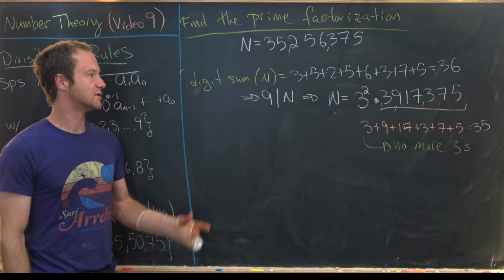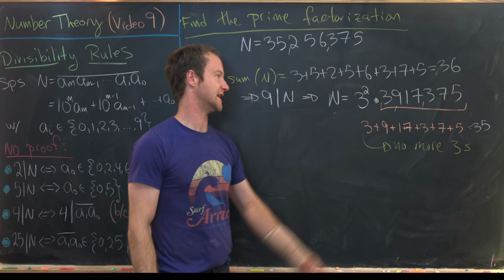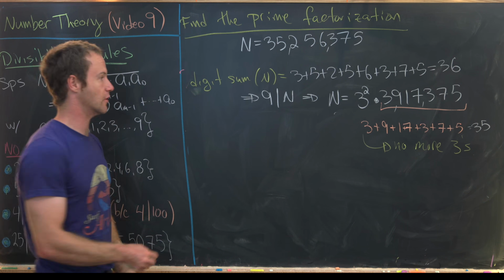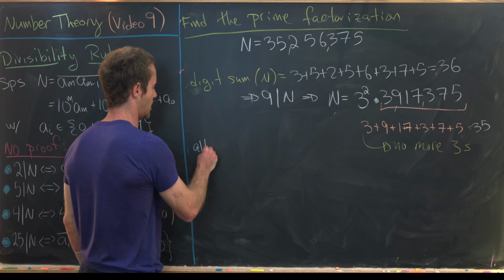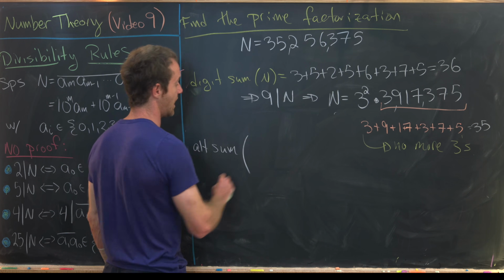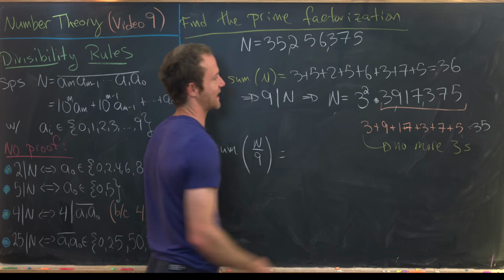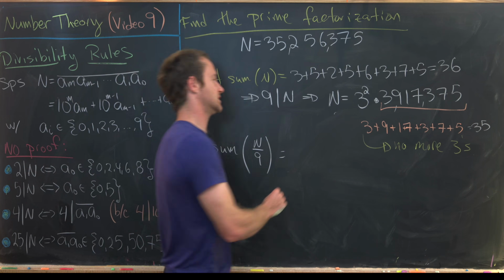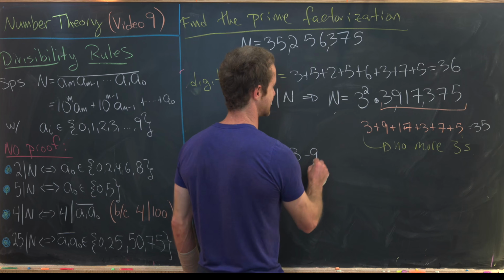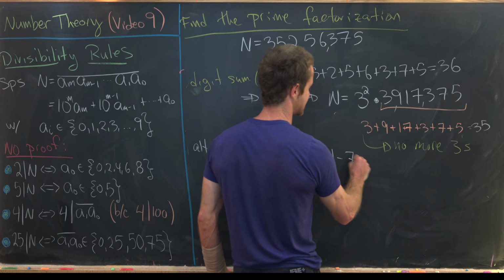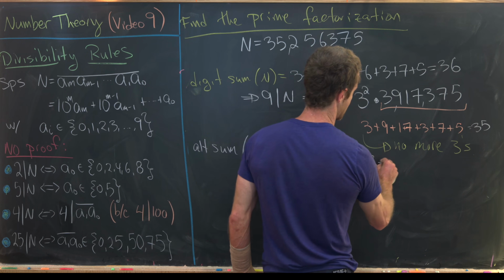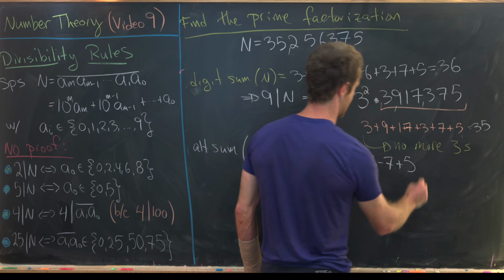Okay. So now let's do the alternating sum on this leftover bit. So we've got alternating sum of the leftover bit. I'll just notate that as n over 9 because that's what that number is right there. So that's going to give us 3 minus 9 plus 1 minus 7 plus 3 minus 7 plus 5.